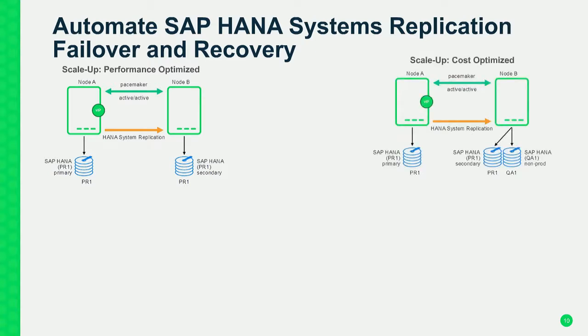Now, as an alternative, what customers wanted was what we call the cost optimized version. This is something that we developed jointly with SAP, where that second node can be used for something that's not productive, maybe QA or test.